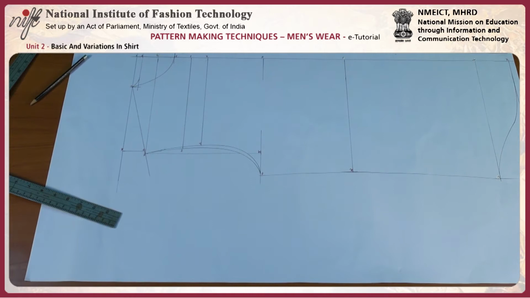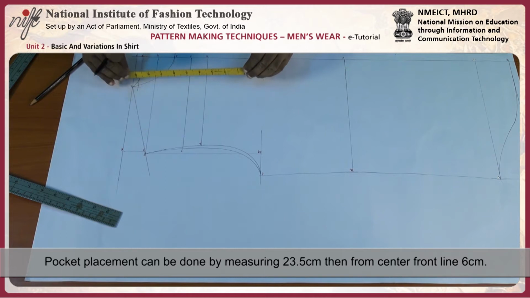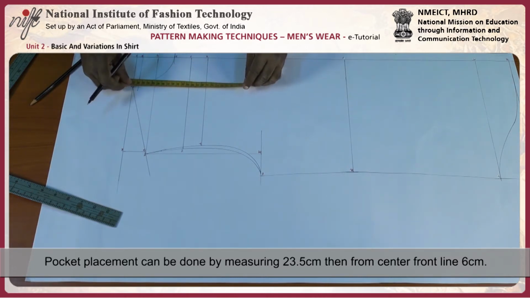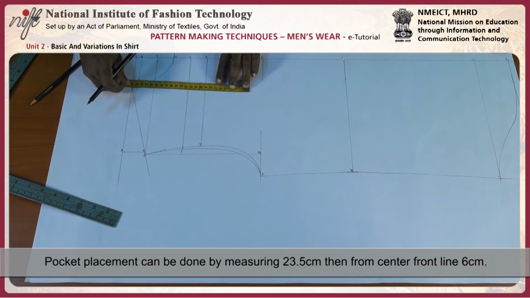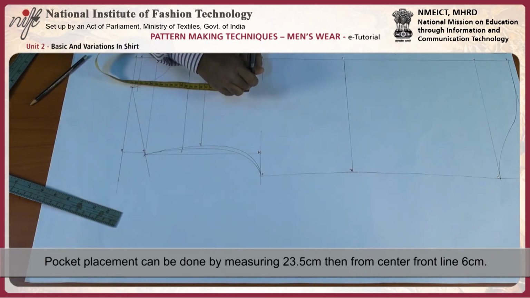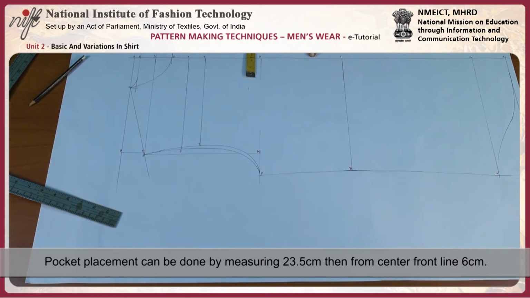Now let us move to pocket placement. Pocket placement can be done by measuring from HSP 23.5 centimeters, then from the reference line, which is now the center front line, 6 centimeters.